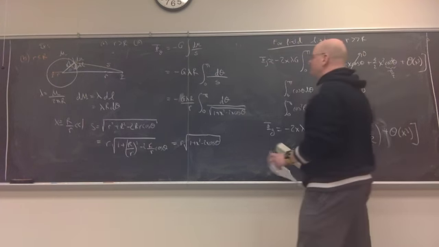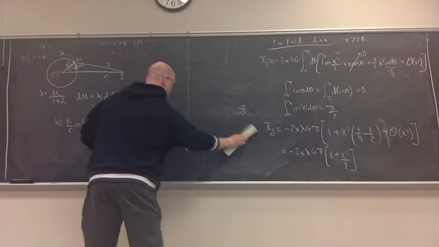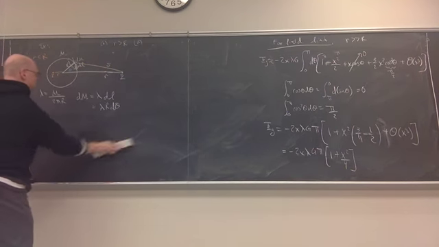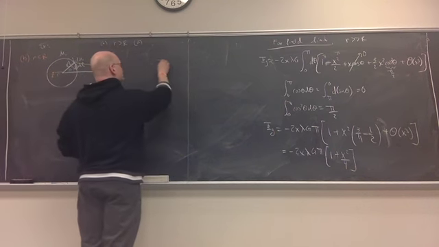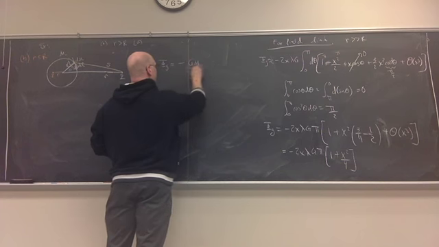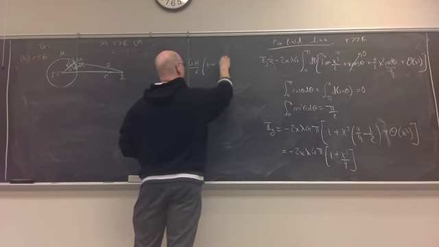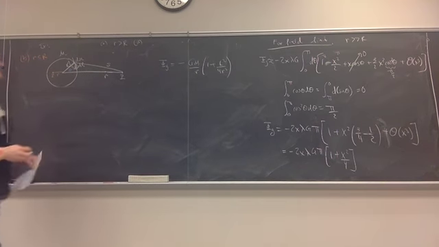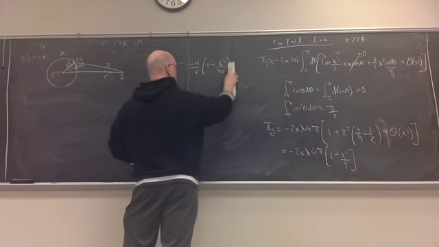So putting everything in, I finally get that the potential is equal to minus g m over little r times 1 plus capital R squared over 4 times little r squared, plus higher order terms.